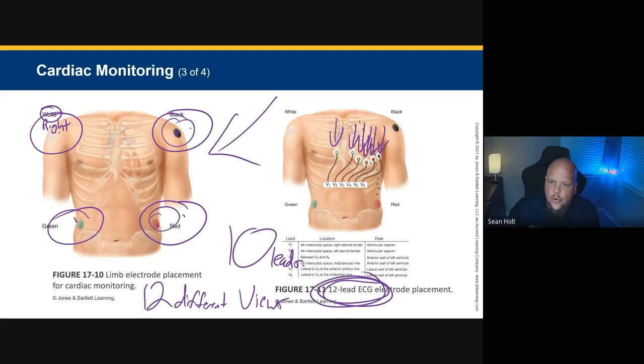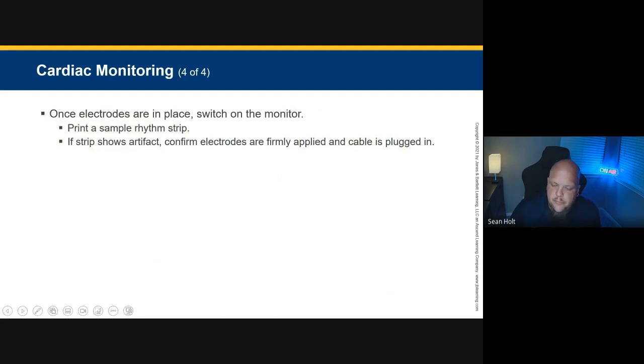Okay, so while it's only 10 stickers and 10 wires, it's actually giving us 12 leads, 12 views of different parts of the heart's electrical activity. And that's how we determine if there's some sort of heart attack going on.